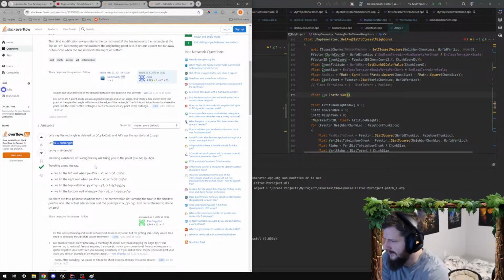Maybe I should read the whole solution here before I start. Traveling a distance of t along the ray will bring you to the point.